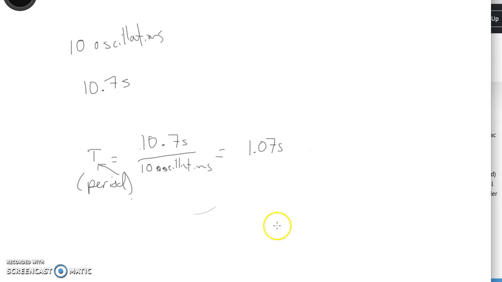Okay, so let's say that I had another pendulum that completed 10 oscillations in 8.3 seconds. Okay, what would be the period for this oscillating pendulum?